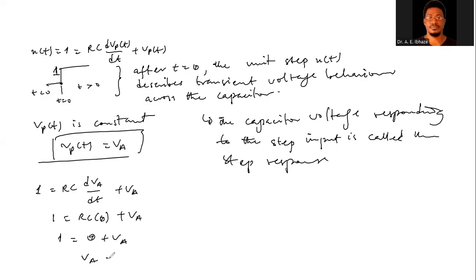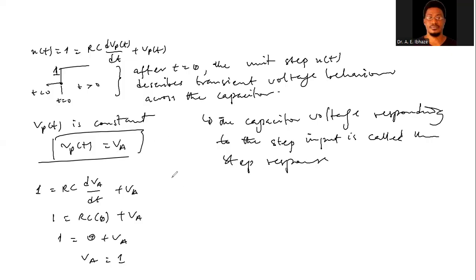So it means Va is equal to 1, which is consistent with the assumption because the step function is 1, and since the particular solution depends on the type of input, and we already said if it's a step function, which is a constant, then the particular solution must be a constant, so that justifies our point.